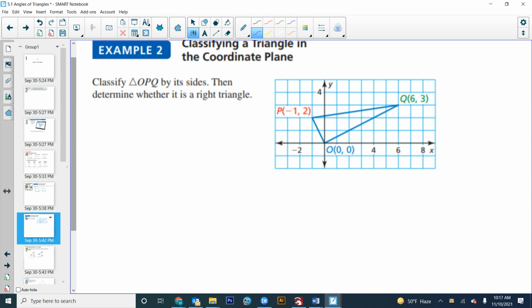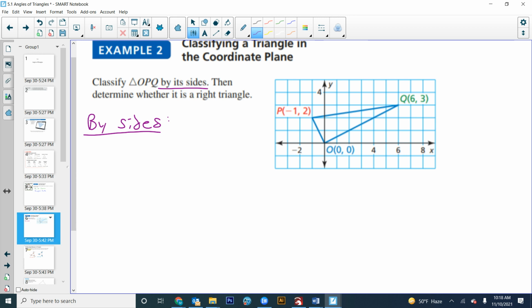We have this picture. It is graphed out for us. We're gonna have to dig deep here, friends. Classify it by its sides. Then determine whether it is a right triangle. This is a deep question here. By sides. How do you know?